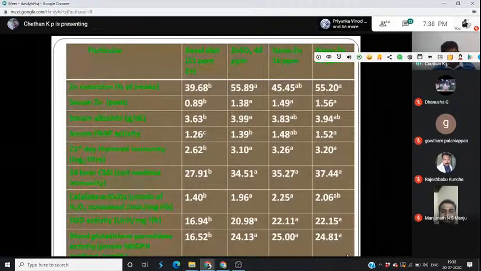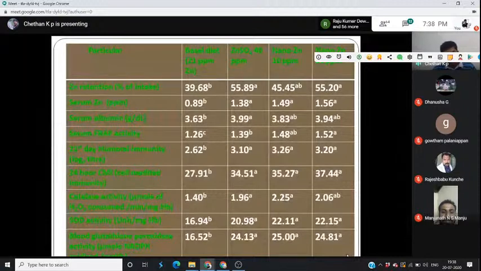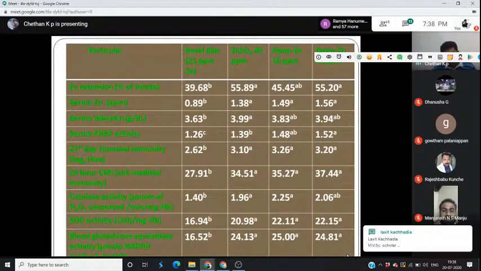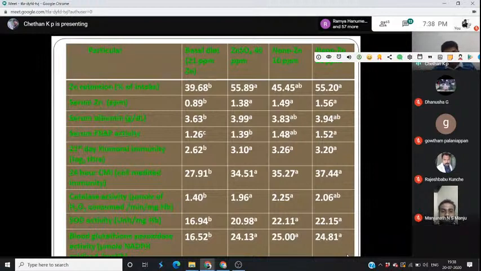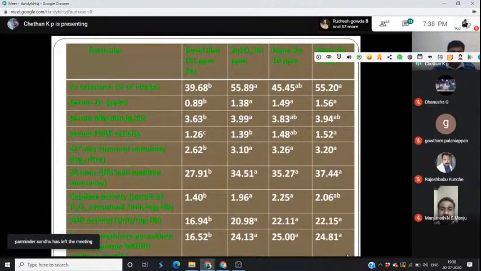So if, instead of an inorganic source, you use a nano source, definitely you can reduce the concentration of zinc supplementation, thereby reducing excretion. Similarly, other parameters like serum zinc level and most of the parameters are on par or even better than the inorganic supplemented groups. So nano zinc at 20 ppm is performing similar to the 40 ppm inorganic source.